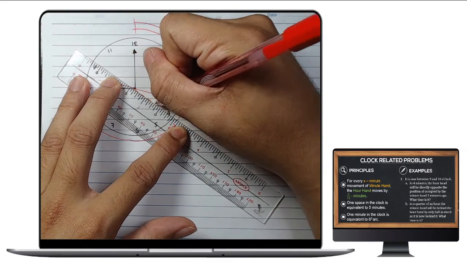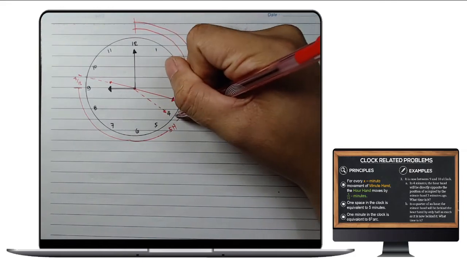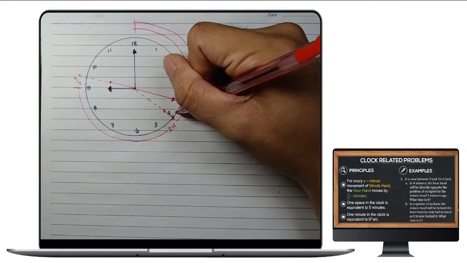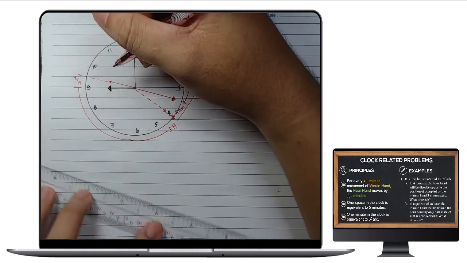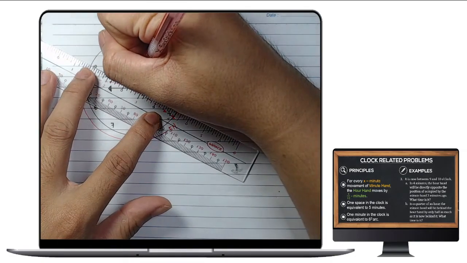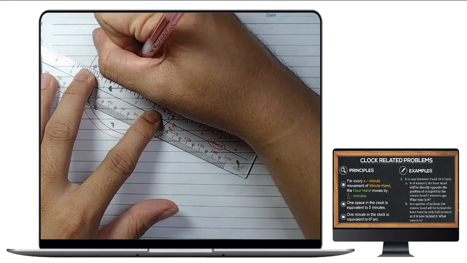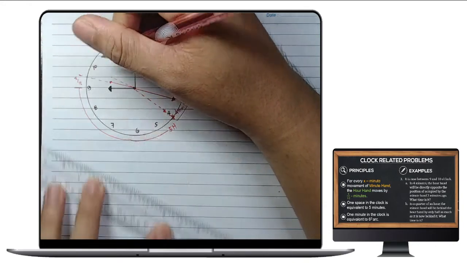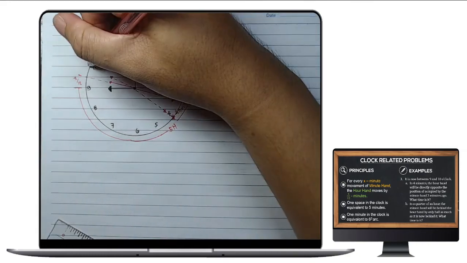Okay, so move pa dito si minute hand for another 4 minutes. So, the displacement of this is 4 minutes. So, in this 4-minute time, so surely, yung hour hand natin will move, okay, at this point.